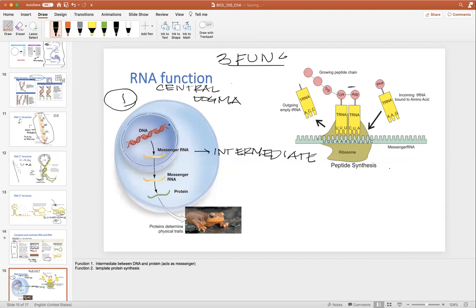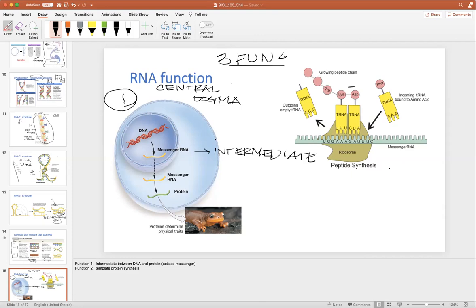And that kind of makes sense if you think about it. If this is the instruction book for how to run the cell, you want to protect that instruction book, because if you damage that instruction book, then you're in trouble, aren't you? So DNA doesn't ever leave the nucleus. Instead, it gets transcribed into messenger RNA, which can leave the nucleus. So here it goes, out of the nucleus, boom.